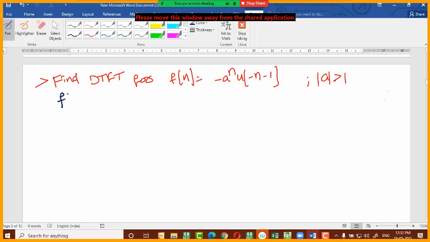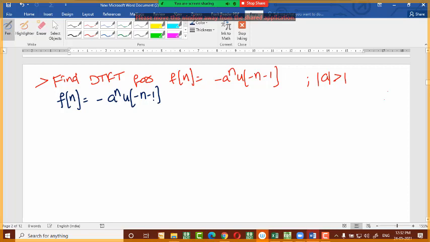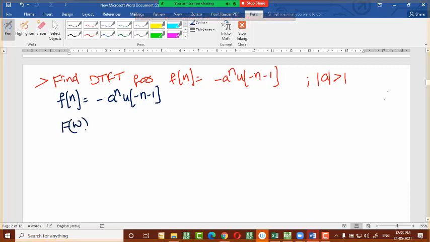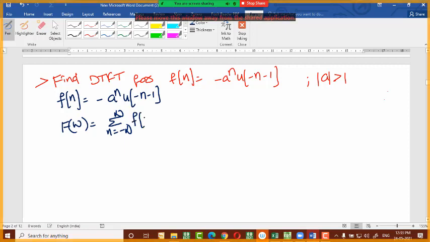So given thing is f of n is equal to minus a power n u of minus n minus 1. The formula for the DTFT is F of omega is equal to sigma n from minus infinity to plus infinity, f of n e power minus j omega n.